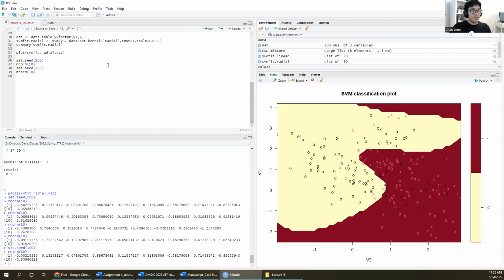So the nice thing about the logistic regression is that in the logistic regression, I get these beta values, right?